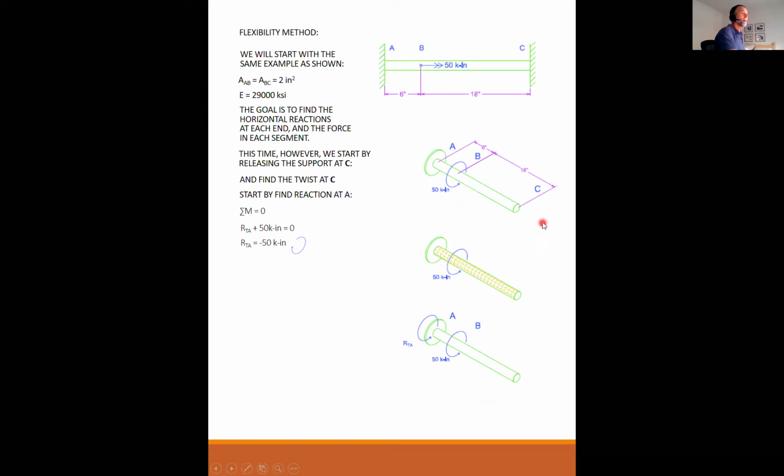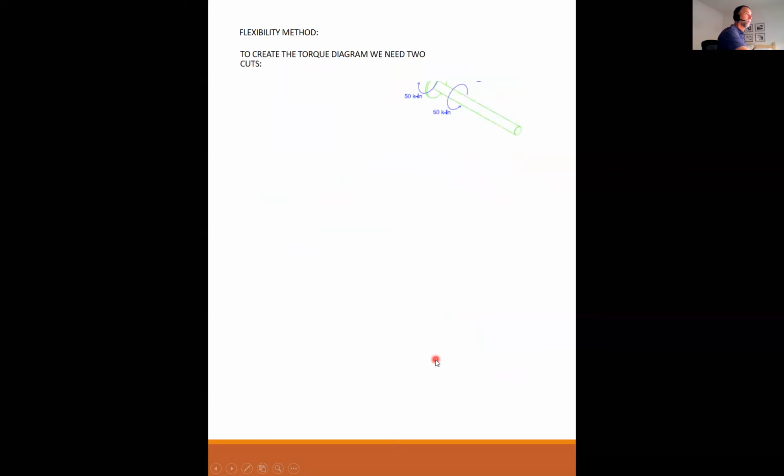And we solved it by first releasing C and finding what the torques were in that condition with no support at C. And so we went through all this math to determine that if I release C, I have 50 kip-inches from A to B, and I have 0 kip-inches from B to C. But that doesn't really happen.